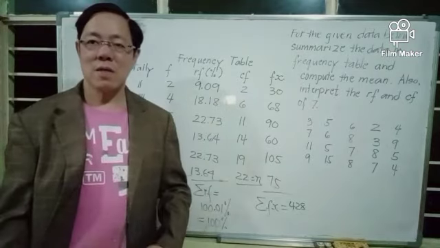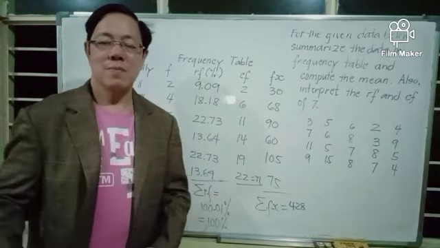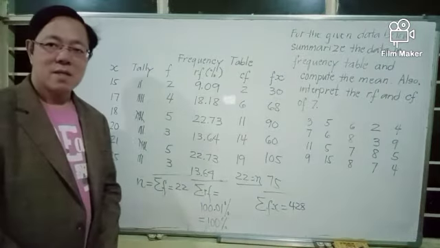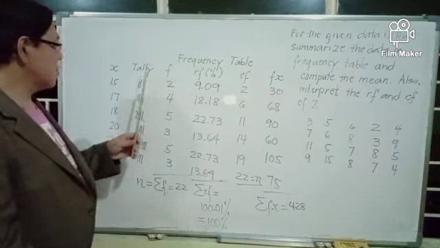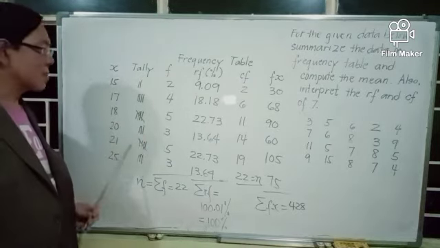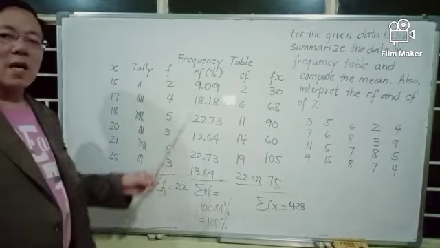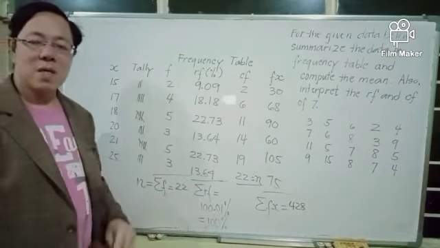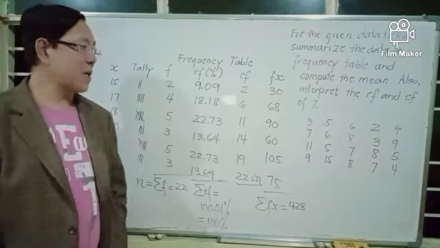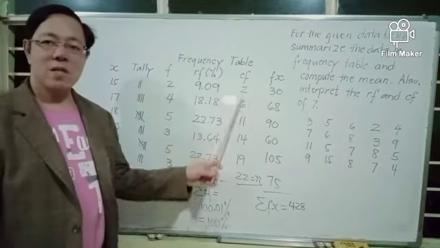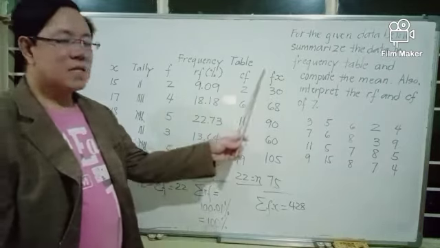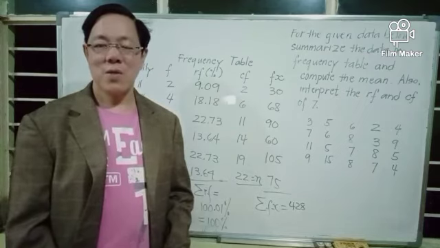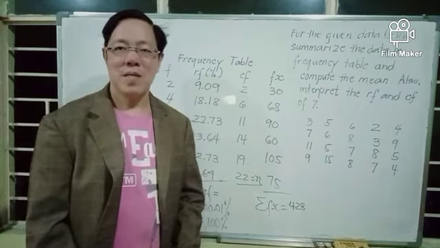In an actual research paper or undergraduate thesis, we only present in the table the score, the frequency, and the relative frequency. We do not show the tally column, the cumulative frequency, or the Fx column, because we have software to compute the mean.